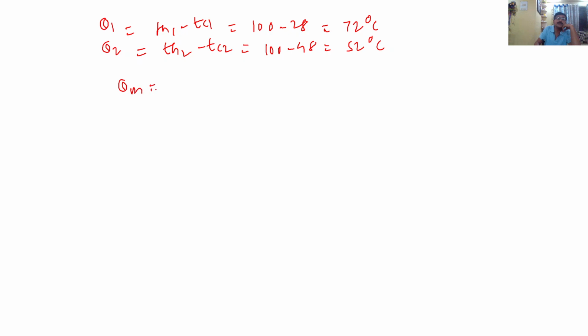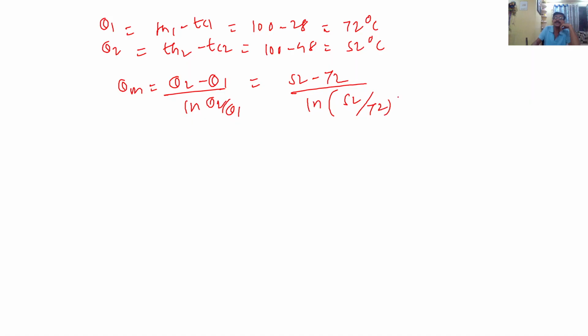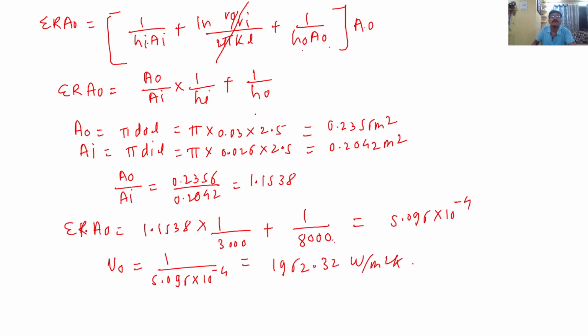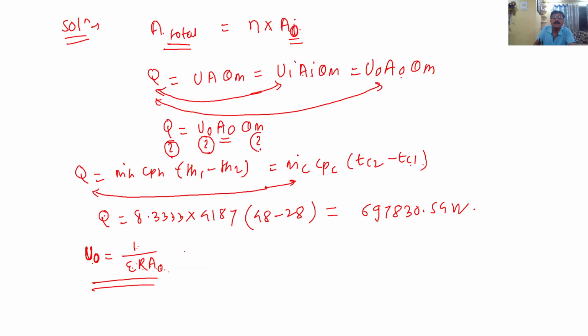So theta m is equal to theta 2 minus theta 1 divided by natural log of theta 2 by theta 1. 52 minus 72 divided by natural log of 52 by 72. So the answer of theta m comes at 61.45 degrees Celsius. So I think this question mark is also over.